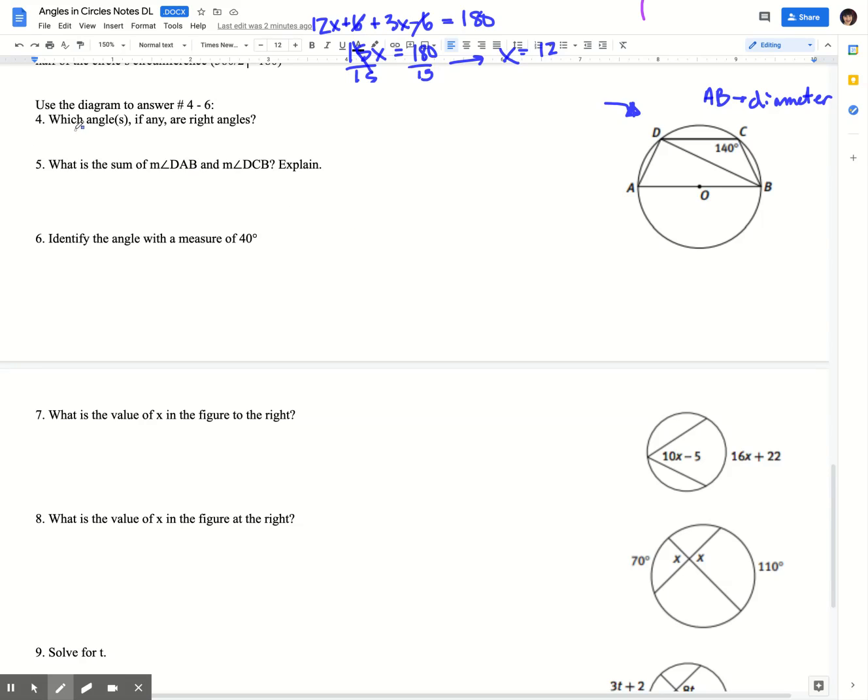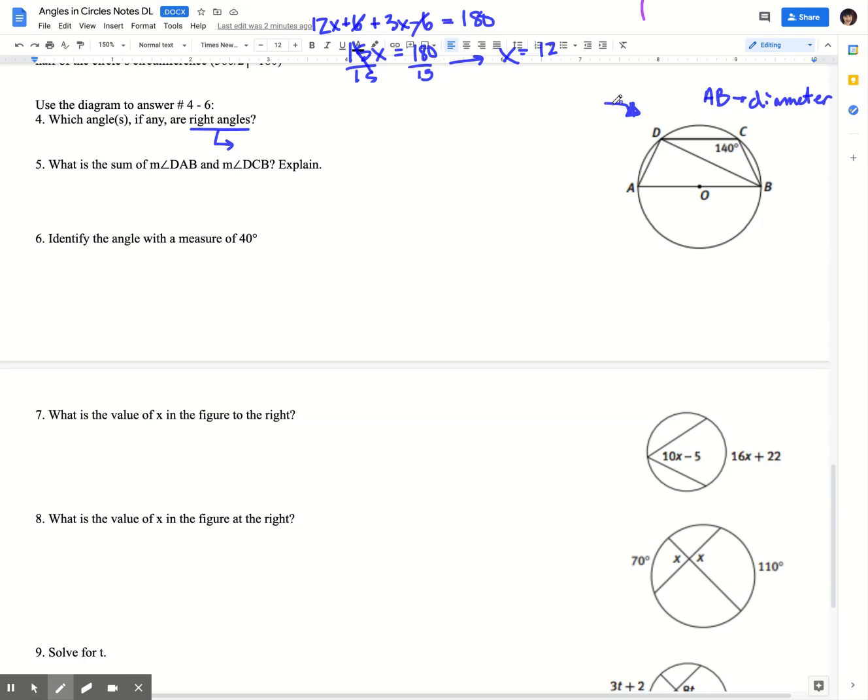Okay, so the first question is, which angles in this inscribed quadrilateral, if any, are right angles? So here's the thing. A right angle, as you recall, is 90 degrees.